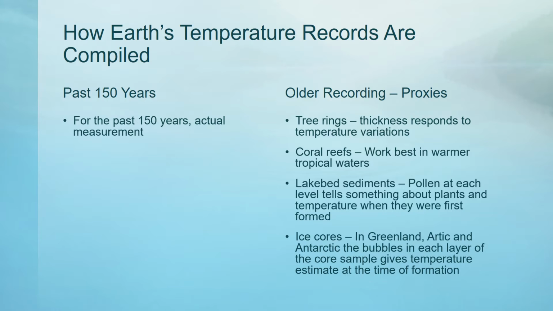They're in the Antarctic, taking ice core samples. The bubbles at each layer of the core sample give a temperature estimate at the time that core was formed. So you can see how those temperatures have changed over those periods. So there are some very clever ways that they can approximate what the climatic trends of the past have been.